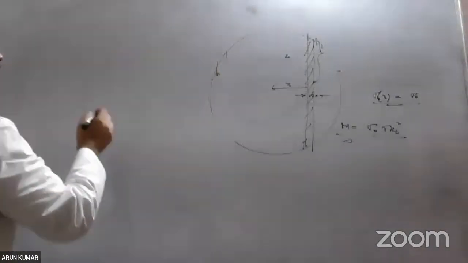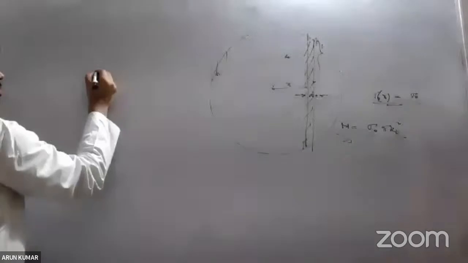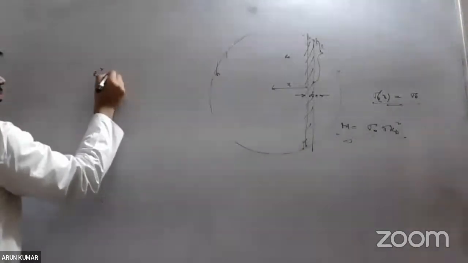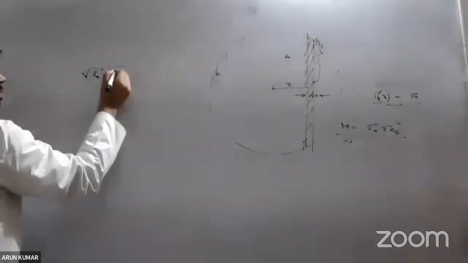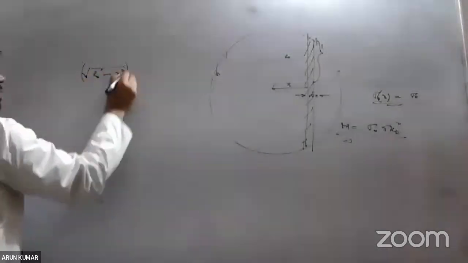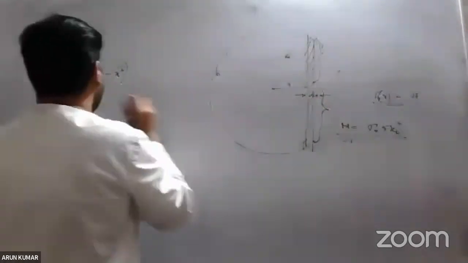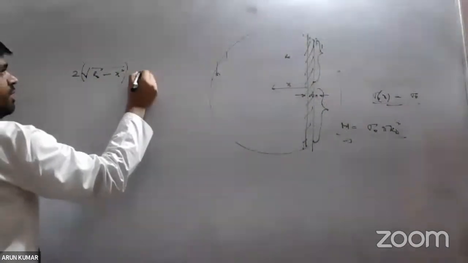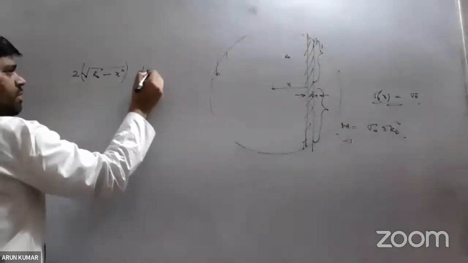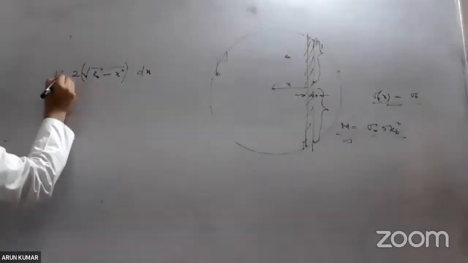Tell me what is the length of that? Root of r naught square minus x square. Correct. Into 2, because there is a part below also. Total length is 2 root of r naught square minus x square, into dx, into sigma naught.